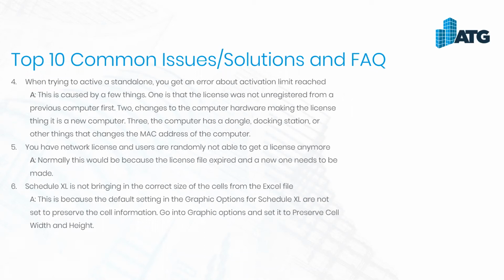So what we recommend for this is that the default settings are the primary reason for it, especially for those that are new to it. There is a graphic option setting within Schedule Excel that we need to change. The recommendations are to preserve cell height and preserve cell width. Those are the best options to use when bringing it in.